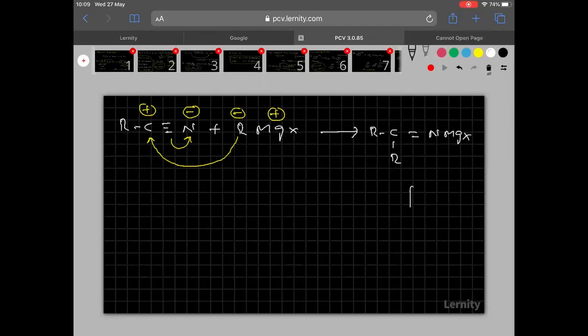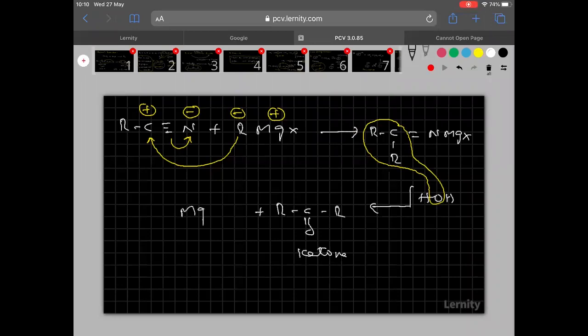Same like the previous case, this one. So now what happened here? Again, acidic hydrolysis. Clear? So RC will take oxygen from here, same like the previous case. Then what happened? RCOR. So this is called the ketone. Then the byproduct formed is same like the previous case, MgXNH2.